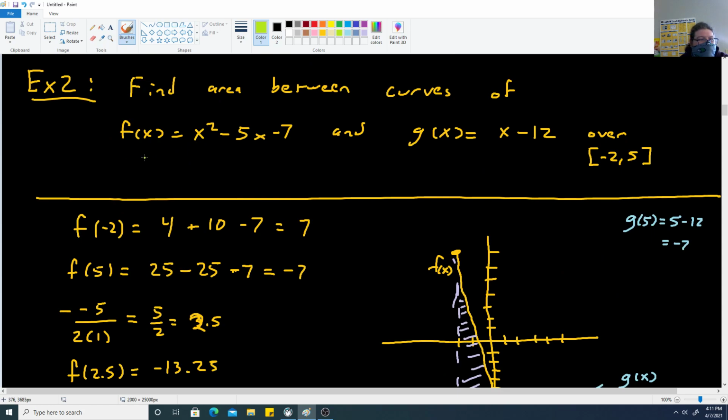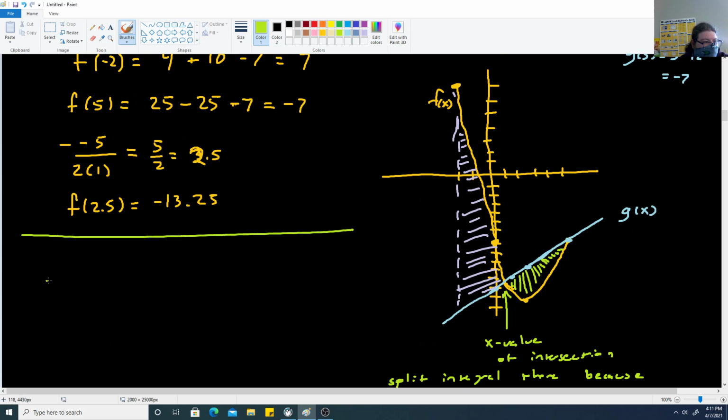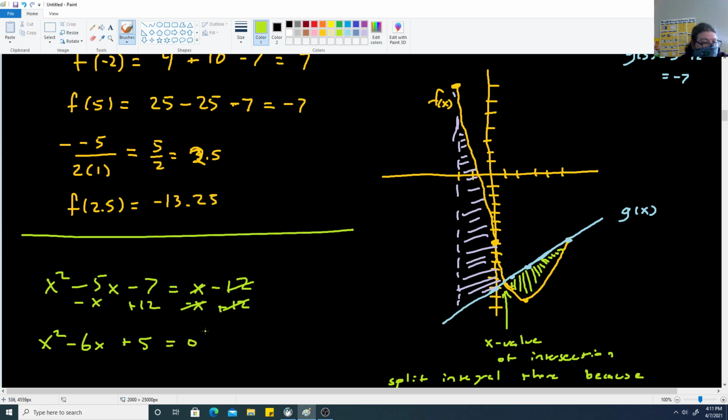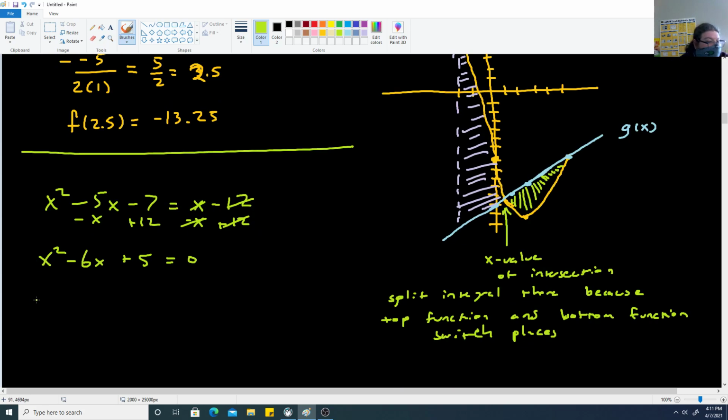So x squared minus 5x minus 7. I want to know where x squared minus 5x minus 7 is equal to x minus 12. So we'll subtract the x across, so say x squared minus 6x. We'll add the 12 on over. So, -7 plus 12 is plus 5 equals 0.